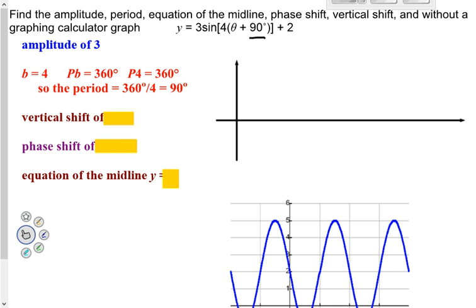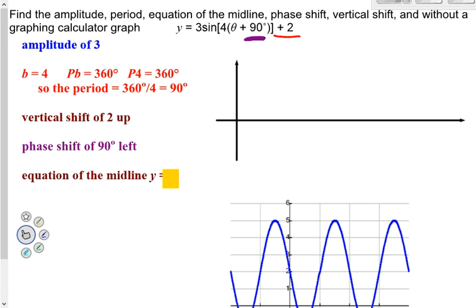Now our vertical shift is the part that's afterwards right here. So that is up 2. Now, we also want to take a look at that phase shift. Once again, the phase shift is that part that's added or subtracted to the angle.